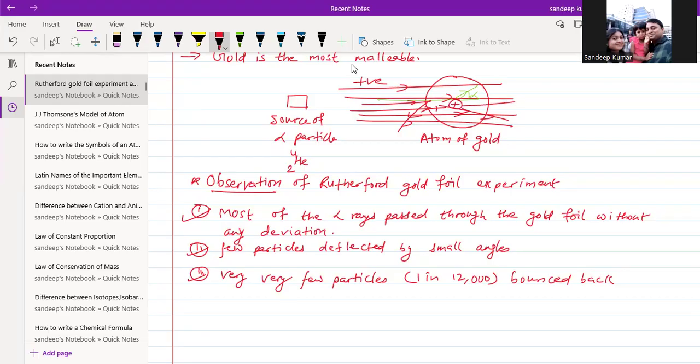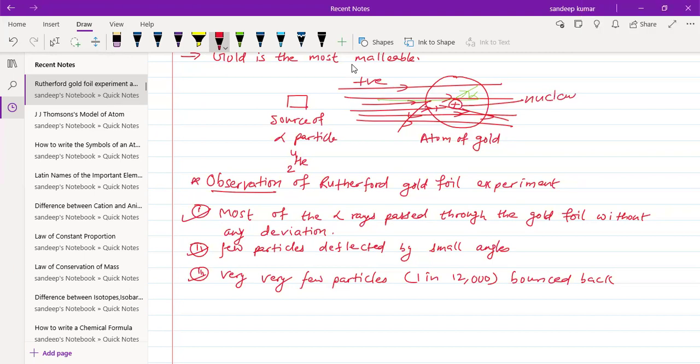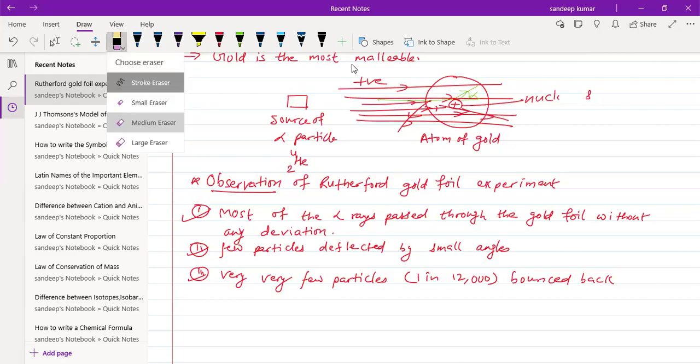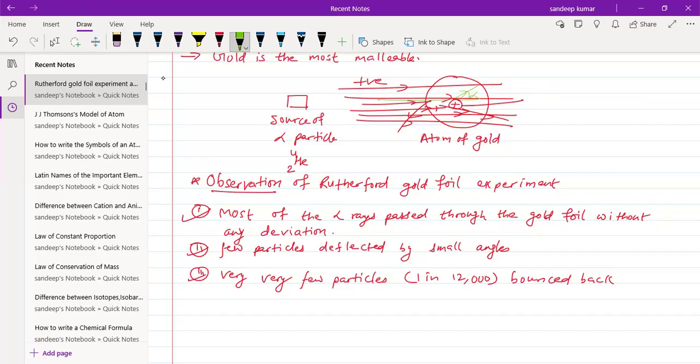That part, he told, is the nucleus. This positive part is the nucleus, which is present at the center.